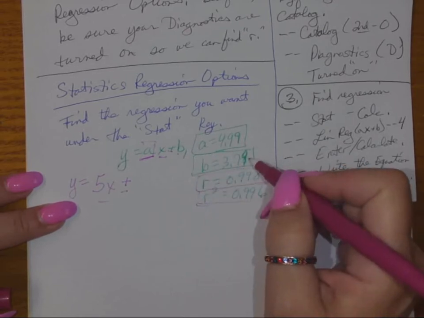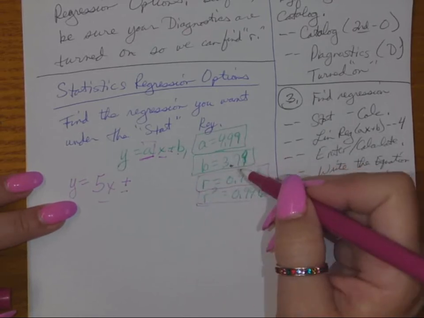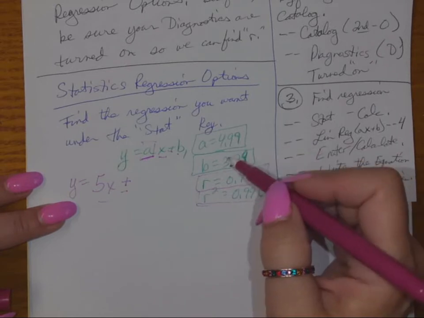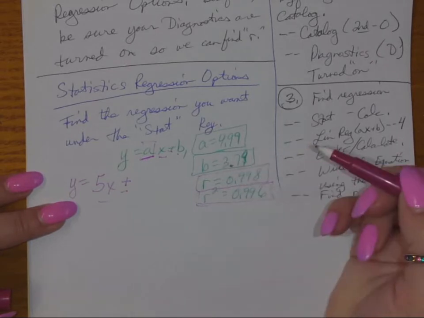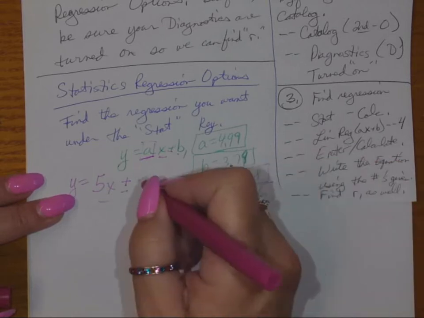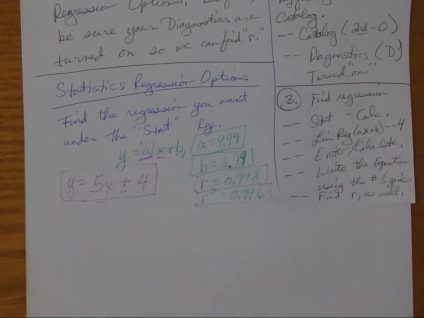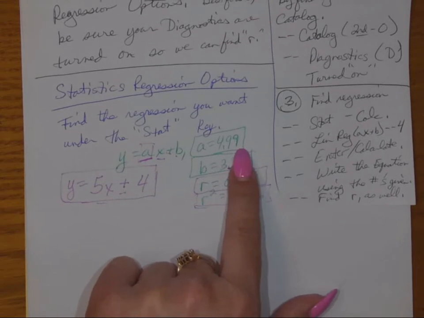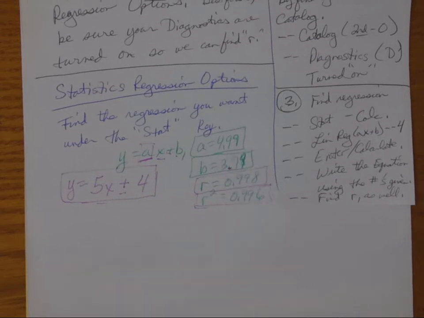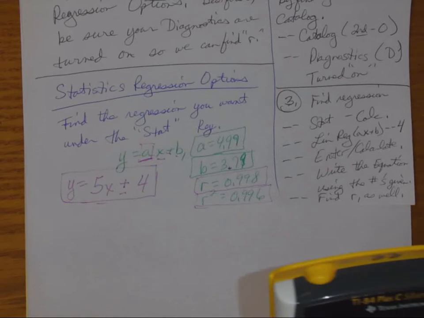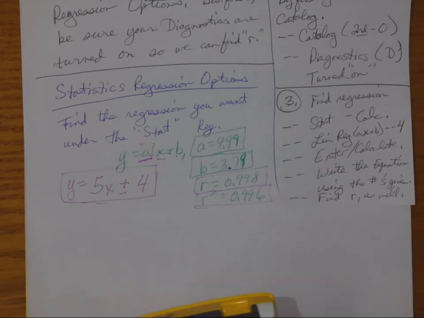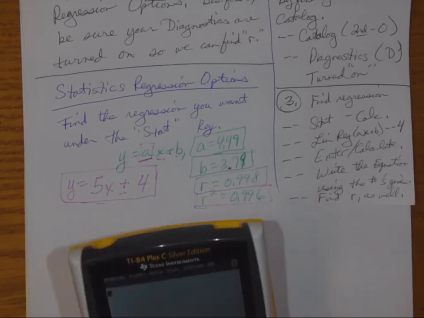We're not going to write b as a variable; we're going to figure out what the value is. That's the whole point of this exercise. So again, I could say 3.8, but just to make life easier, I'm going to round that up and make it a 4, because it's above 3.5. So I think this is my linear equation, and that's just a lot cleaner than saying 4.99x plus 3.79. You can do that if you want to, but I'm just going to round for niceness' sake.